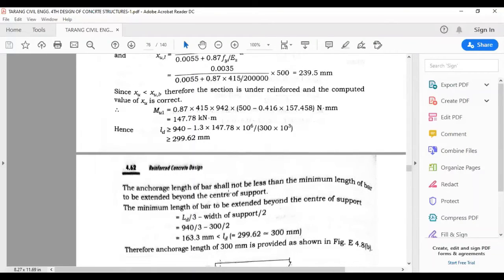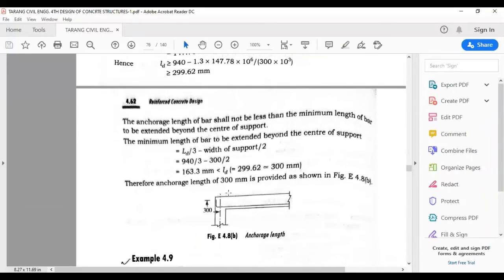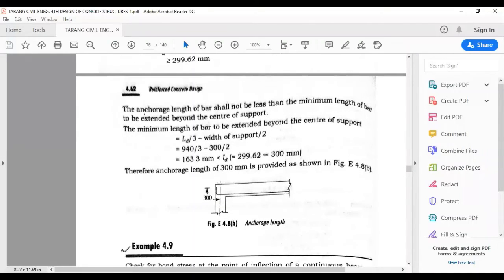As we discussed in the analysis part, the anchorage length of bar shall not be less than the minimum length of bar to be extended beyond the center of support. So the minimum length of the bar to be extended beyond the center of support should be L by 3 minus width of support upon 2. So Ld by 3 is 940 upon 3 minus width. The support width was 300.